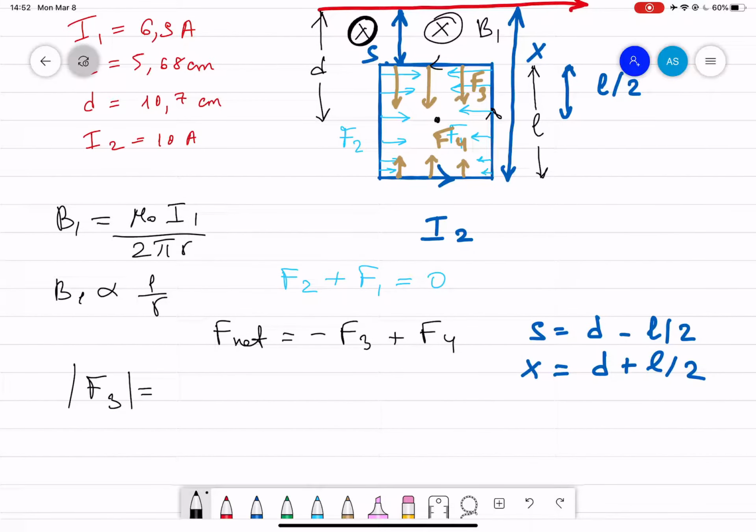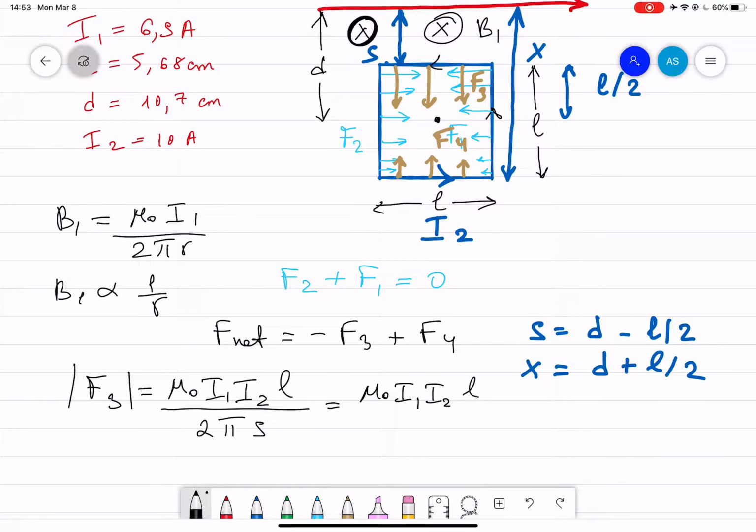So now let's find the F3 magnitude. F3 will be equal to mu naught current 1 current 2 L, because the loop is a square, so everywhere is L, divided by 2 pi S. Or you can say mu naught current 1 current 2 L divided by 2 pi times d minus L over 2.